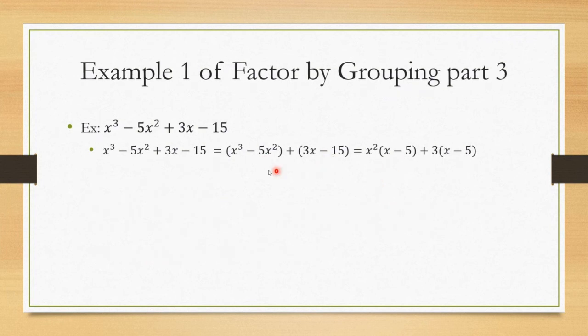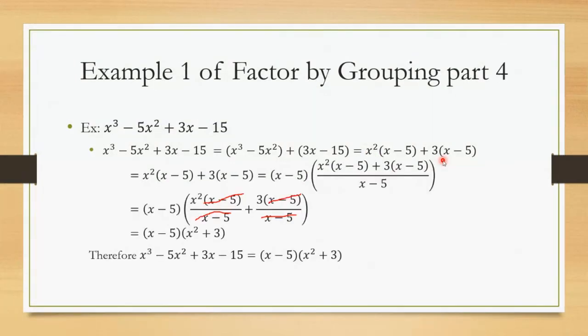So again, from the parentheses, we end up with the same thing in both. That's good because we want to factor that out. That's how we know we made the right choice with the grouping. And so we factor out x minus 5 to get what's left over.